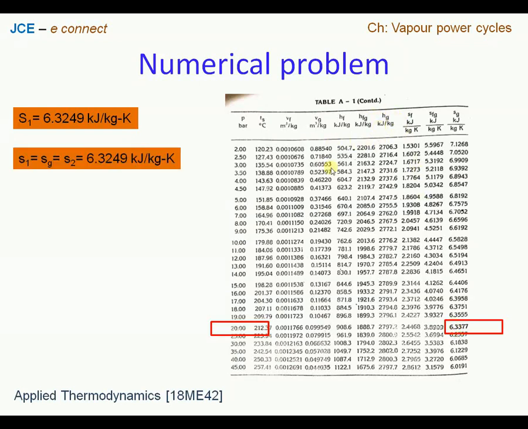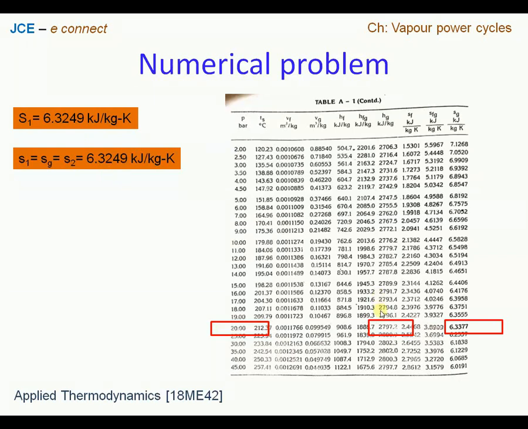Looking at the SG value column, we trace that H2 will be 2797.2 kilojoule per kg. With this understanding we can write S1 equal to S2 because it is isentropic expansion, and S2 is closer to the SG value from this data table. Based on that, we can write the equation as shown here.